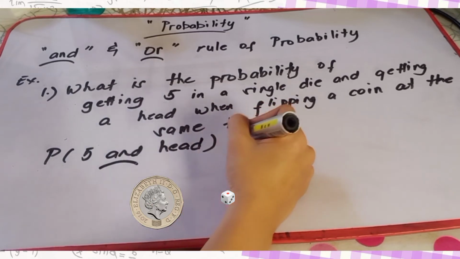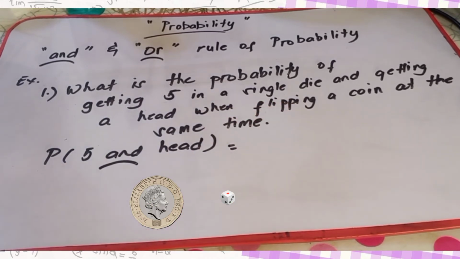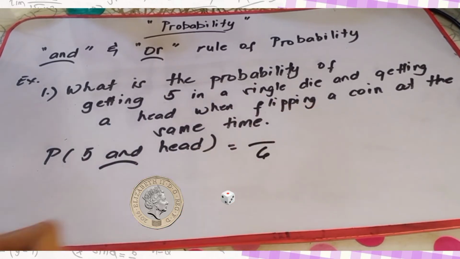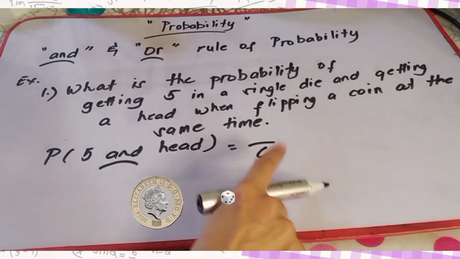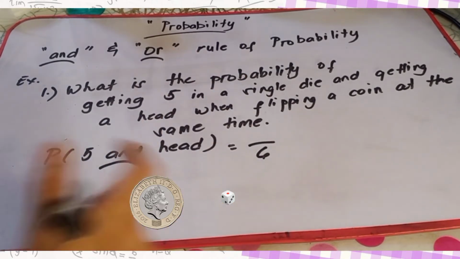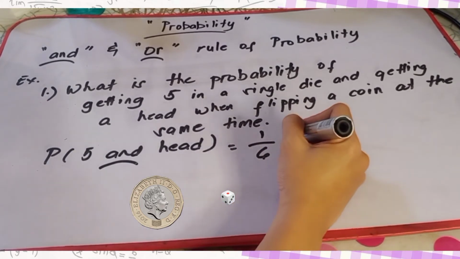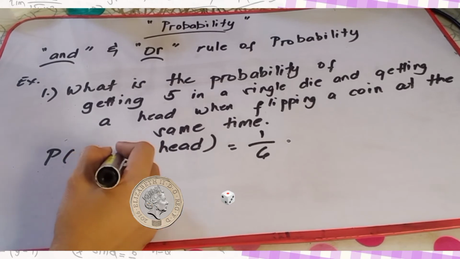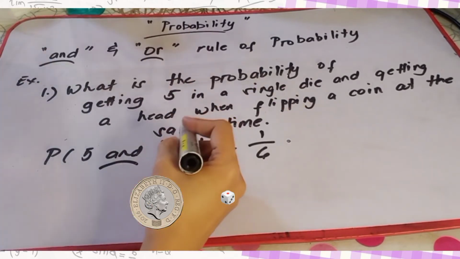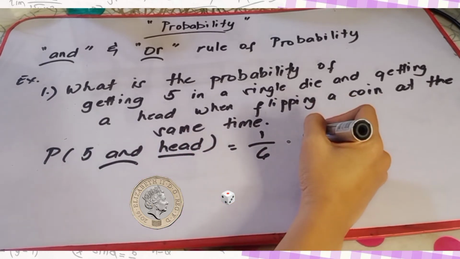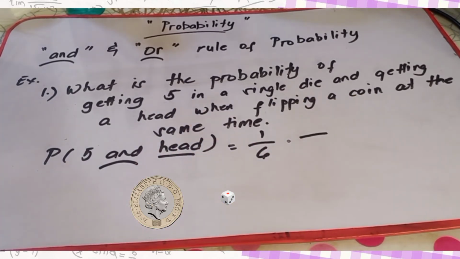So, let's have first the probability of getting 5 in a single die. So, getting 5 in a single die, so that is 6 our sample space kasi isa lang yung die natin, and getting 5 is only 1. So, 1 over 6 times, we are going to apply the and rule, so that is multiplication. This time, ang hinahanap natin naman is getting a head when we are flipping a coin. So, in a single coin, ilan ba yung face niya? Di ba dalawa lang? That is only the head and the tail.